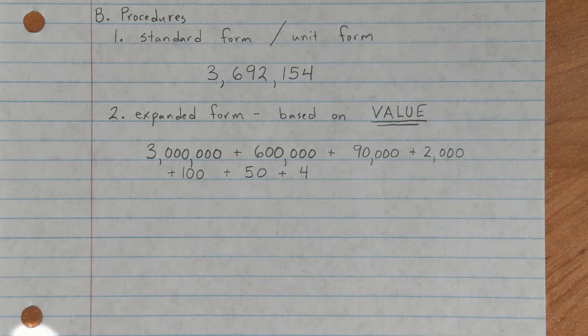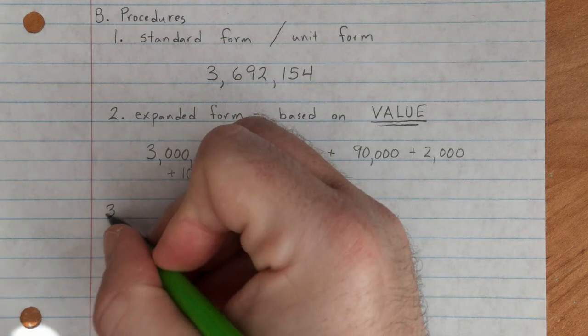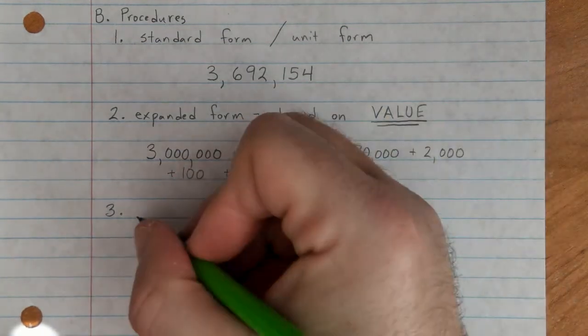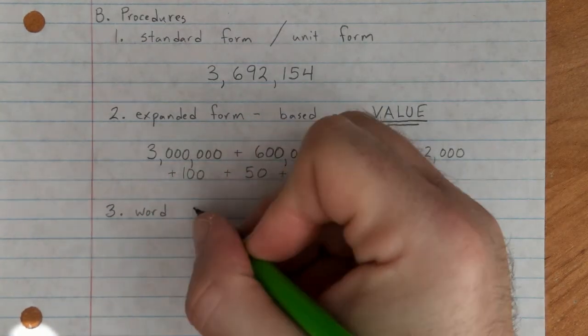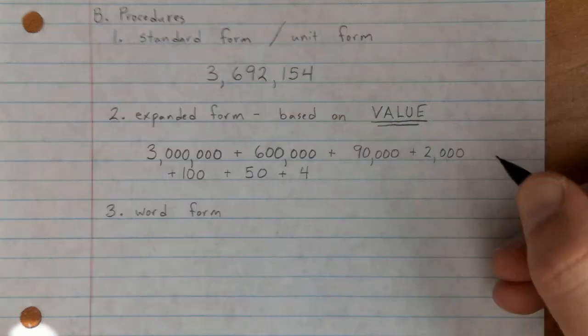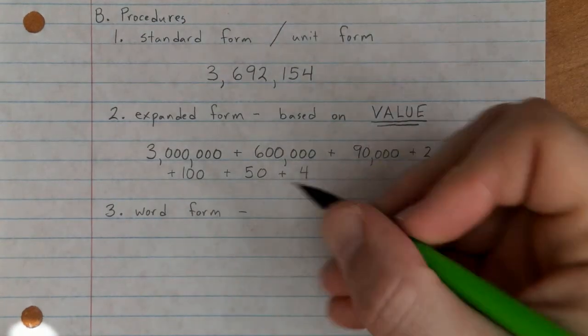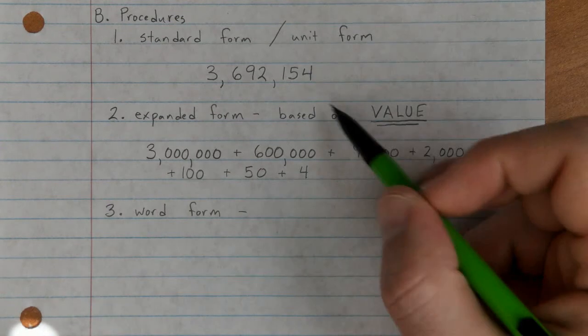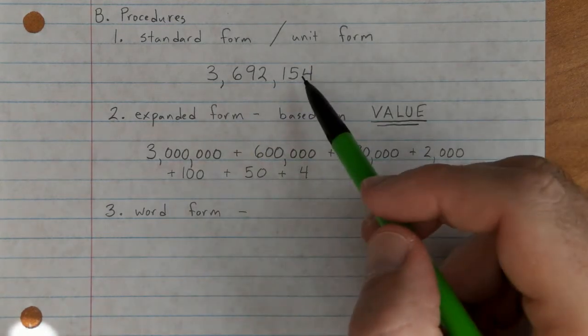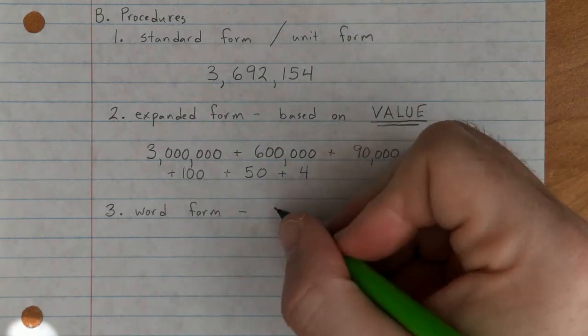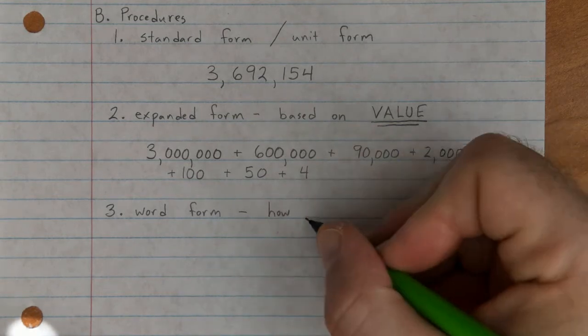And then finally, for number 3, word form. Word form. This goes all the way back. Like I said up here, I didn't read this properly. Word form is how we would properly read it. Okay?